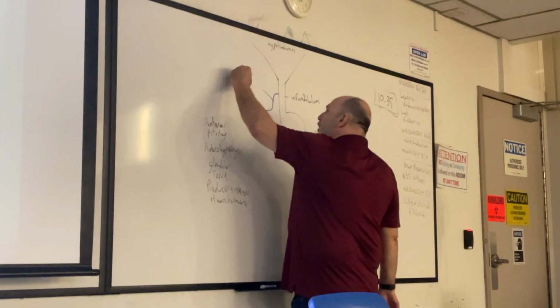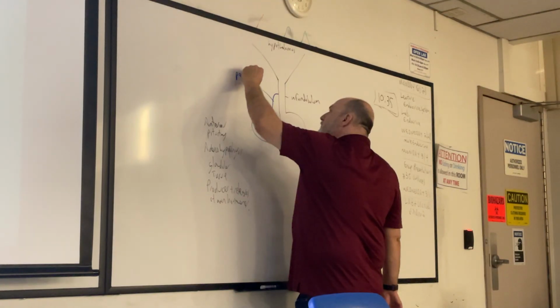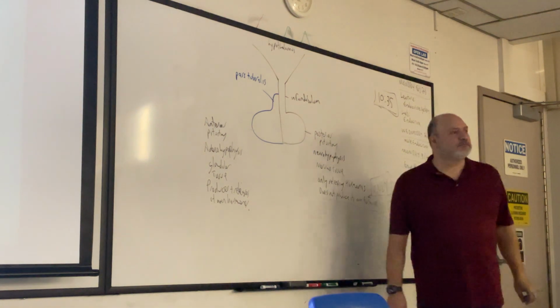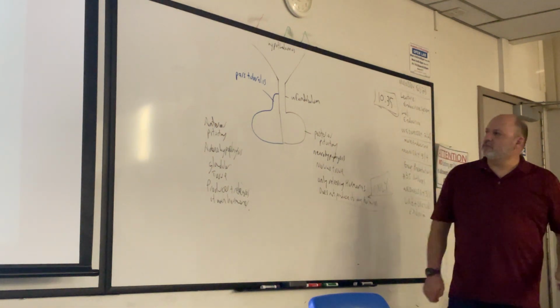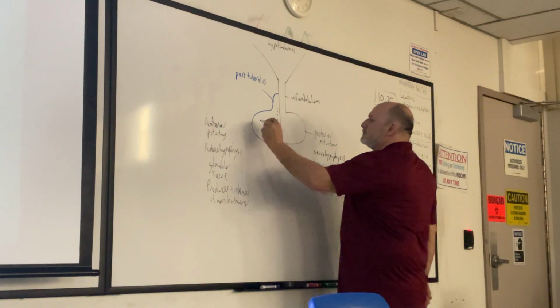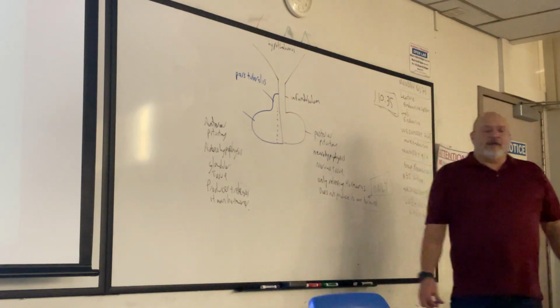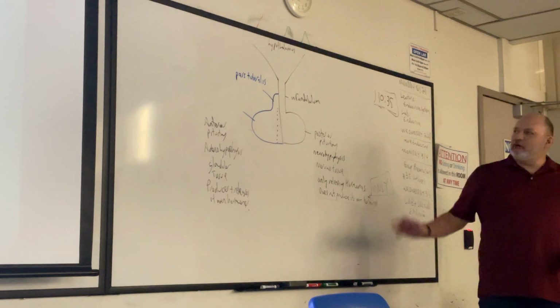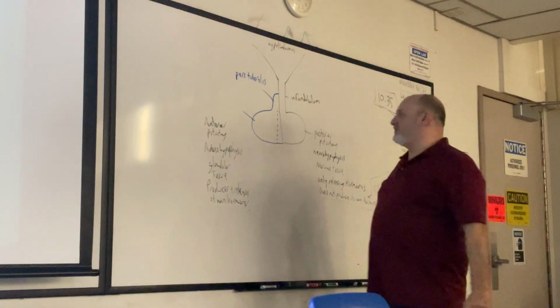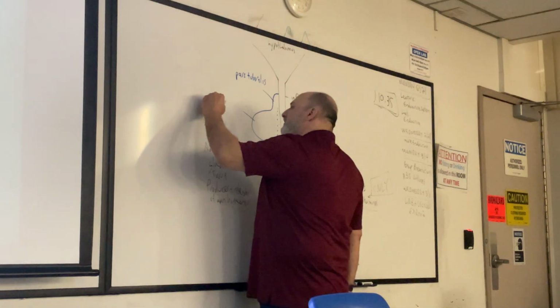So it is called the pars tuberalis. The anterior part, the part that is furthest away from the posterior pituitary, is the pars distalis.